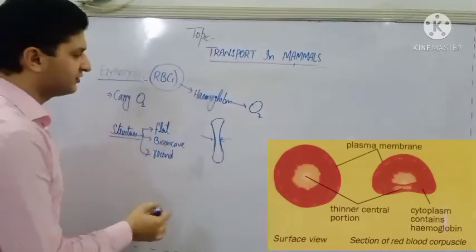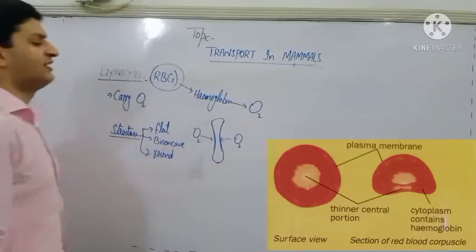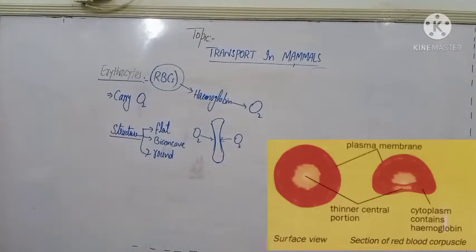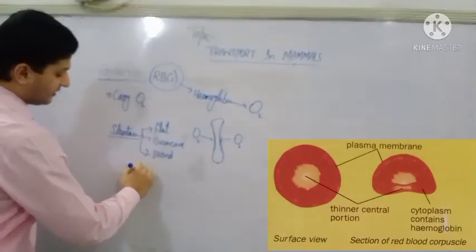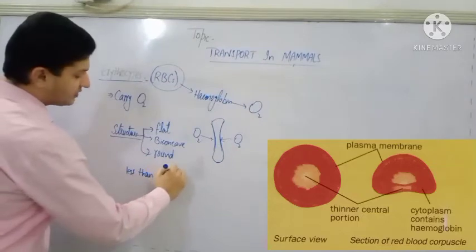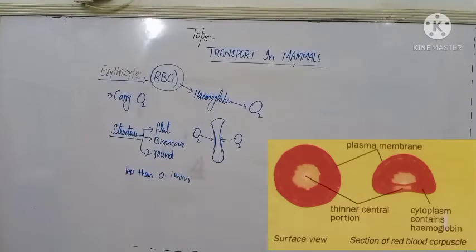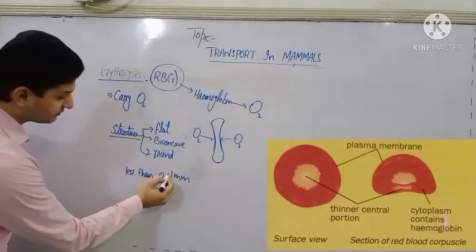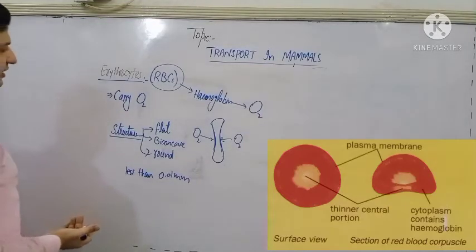These two inside curves help the oxygen to combine with these red blood cells very easily. Their size is less than 0.1 millimeter, even less than that, 0.01 millimeter. So this is the structure and function of the red blood cells or erythrocytes.